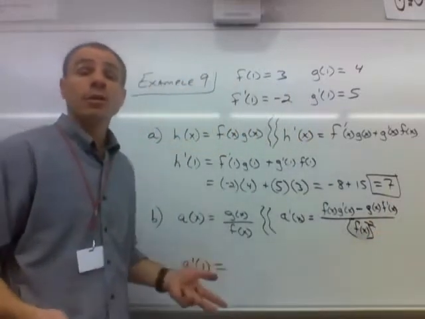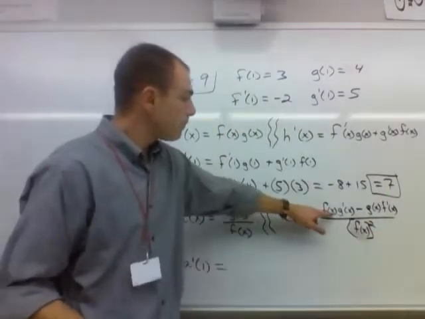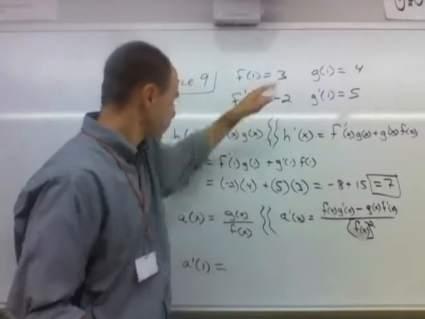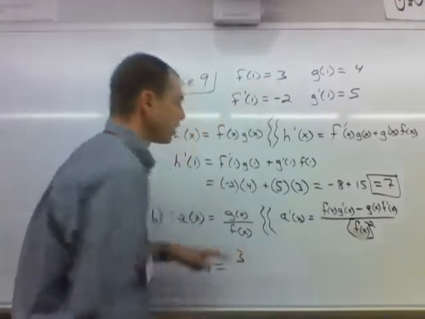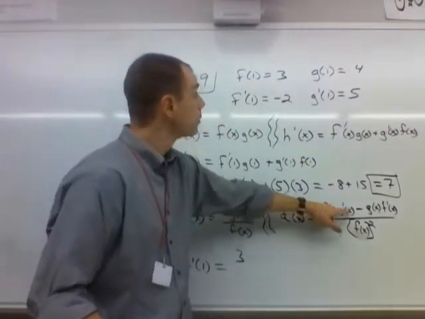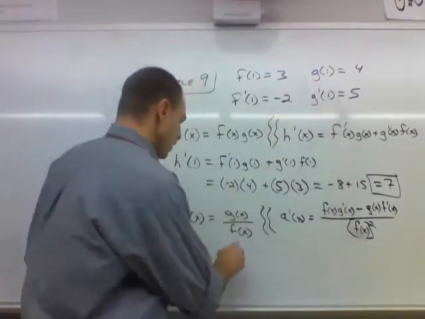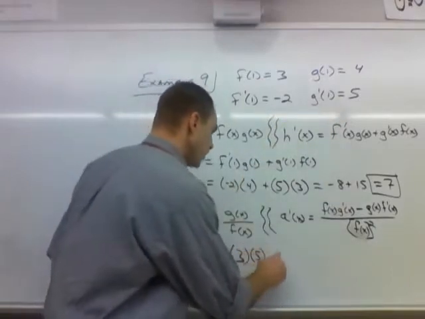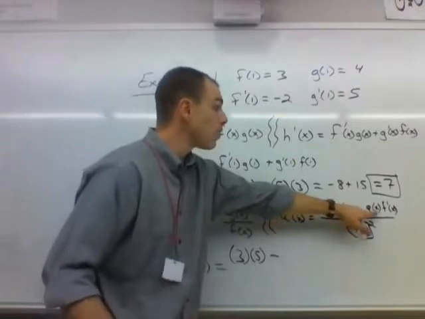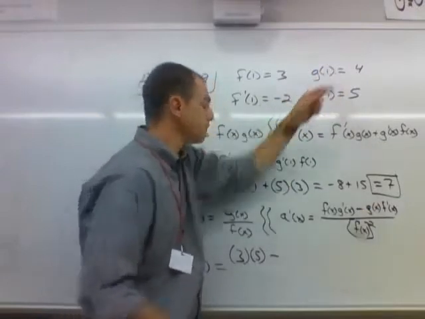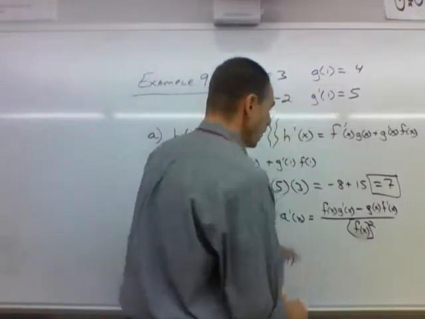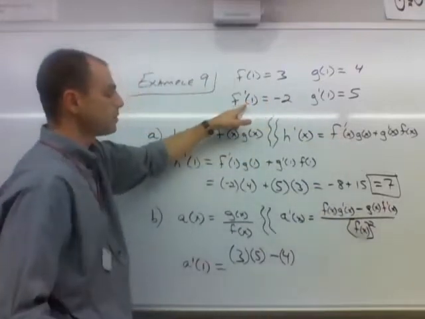Okay, so let's plug in 1. F of 1 is 3. G prime of 1 is 5. So we have 3 times 5 minus. Now we want g of 1, which is 4. And then f prime of 1, which is negative 2.